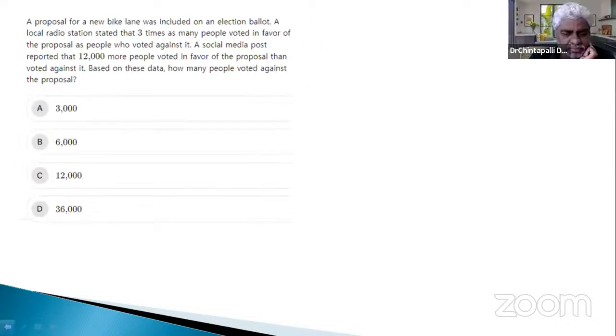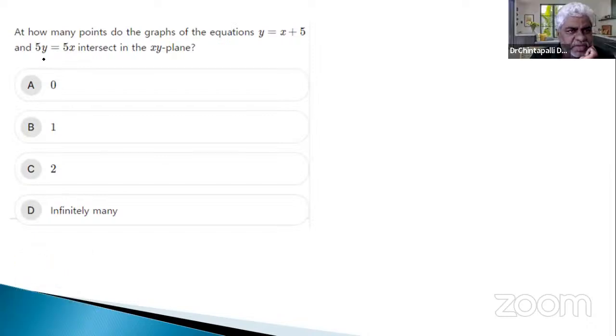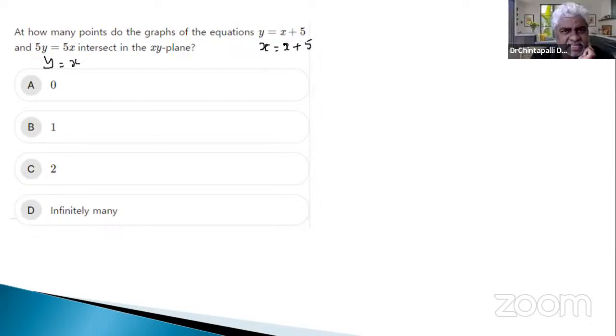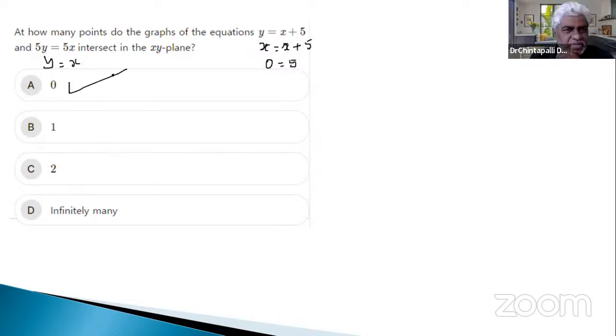Y is equal to x, we can use in the first equation. So either way, it's going to give 0 equals 5. Then x cancels, 0 is equal to 5, which is absurd, impossible. That's why it has no solution. That means option A.